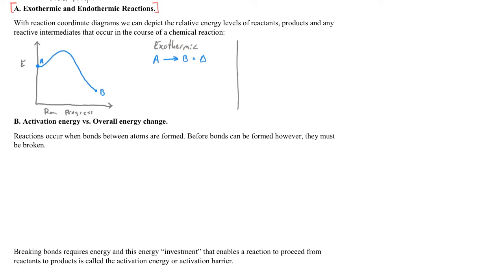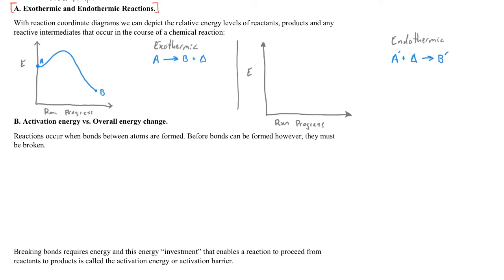Now, what would the reaction coordinate diagram for an endothermic reaction look like? In an endothermic reaction, the starting material, which I'm calling A prime, absorbs heat in its transition to B prime. So that means B prime has more energy than A prime. That would mean the starting materials have less energy than the products.